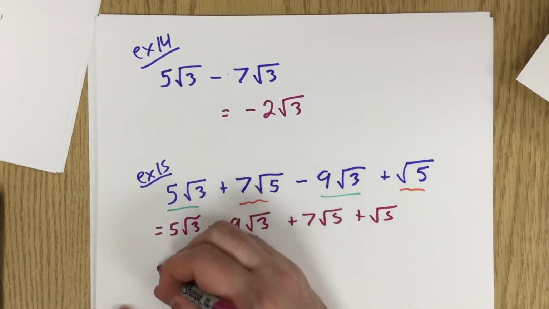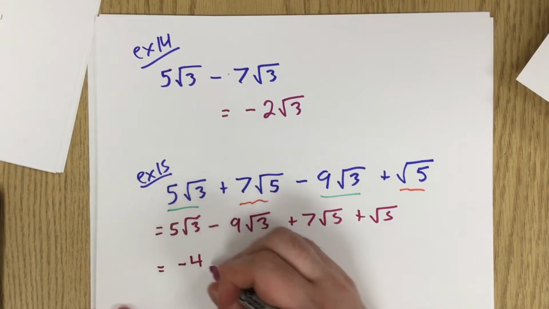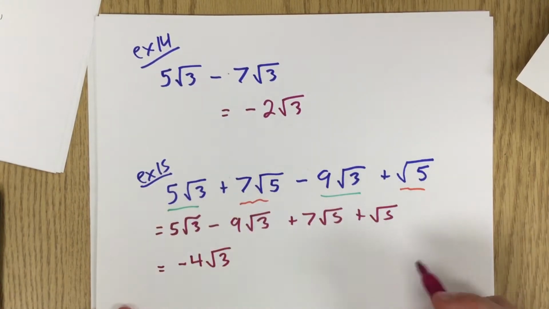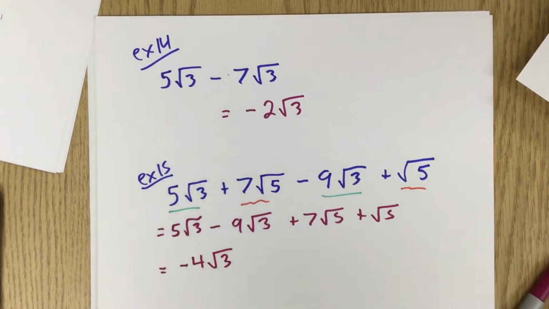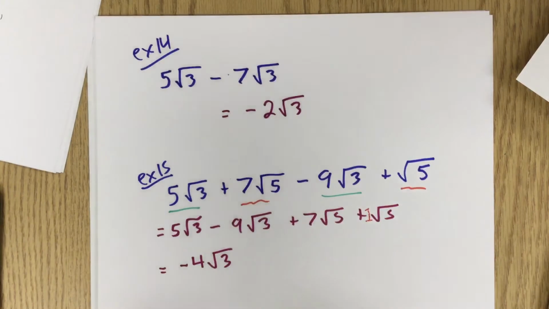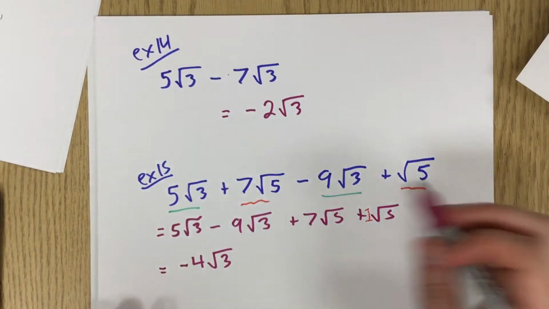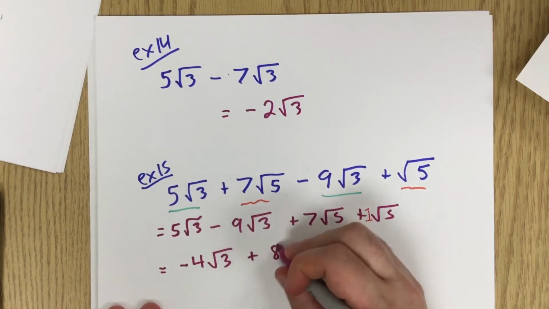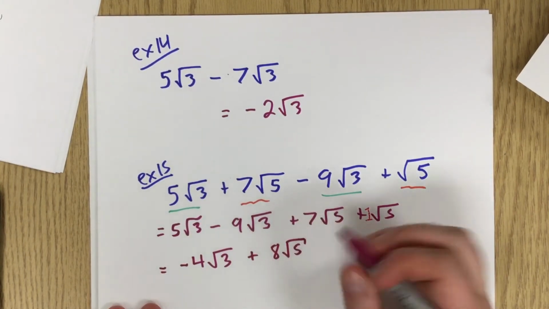5 minus 9 is negative 4, so that's going to give us negative 4 root 3. And here, there's an invisible 1 in front of this, right? So it's 7 root 5 plus 1 root 5, which is going to give us 8 root 5. And then we're done.